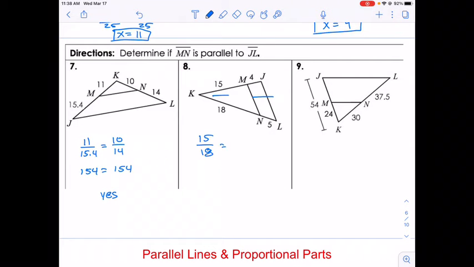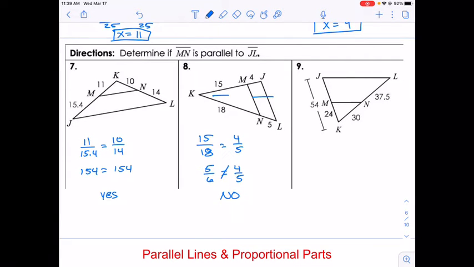Let's just make it easy, and 4 over 5. Okay, so this one looks like we could possibly reduce this pretty easily. So let's see here. 3 goes into 15 5 times, and 3 goes into 18 6 times. Is 4/5 equal to 5/6? And that is no, so the answer is going to be no. These are not parallel because they're not proportionate.